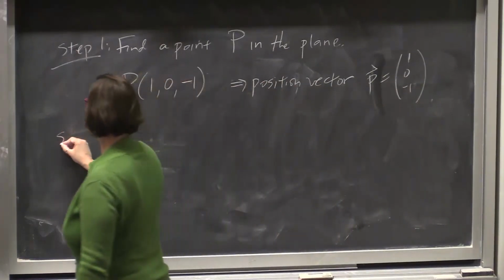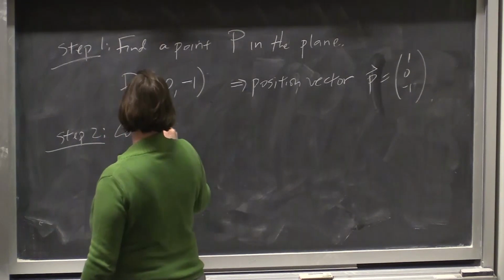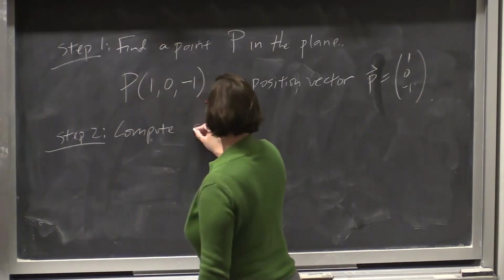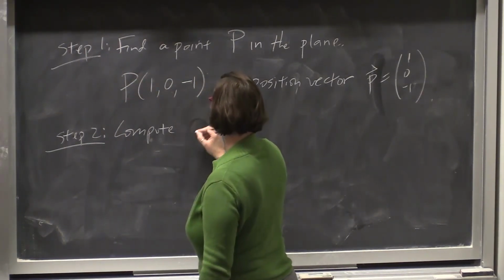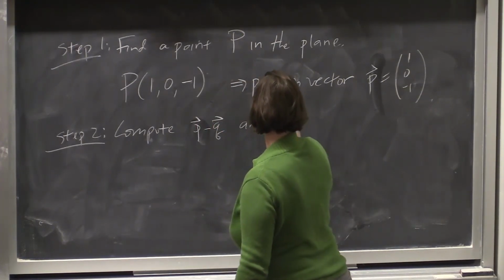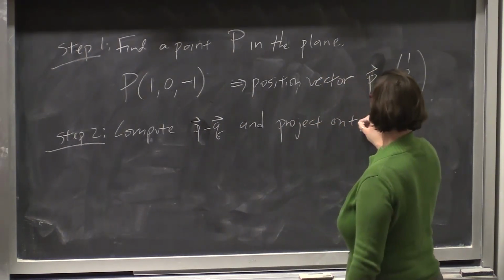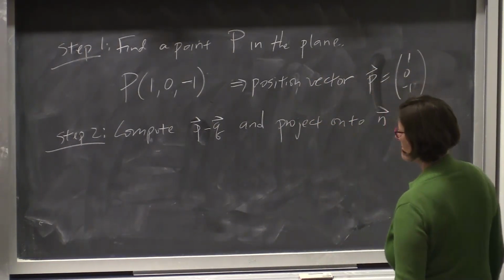So step 2, compute Q minus P or P minus Q, it really doesn't matter, and project onto the normal direction.